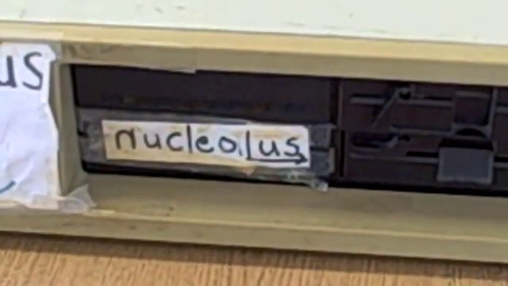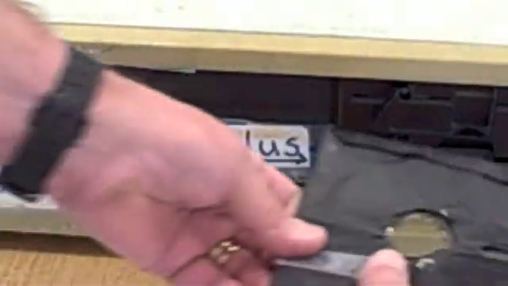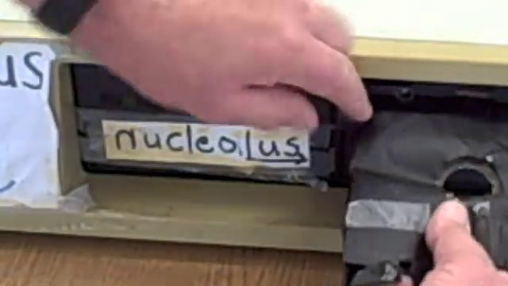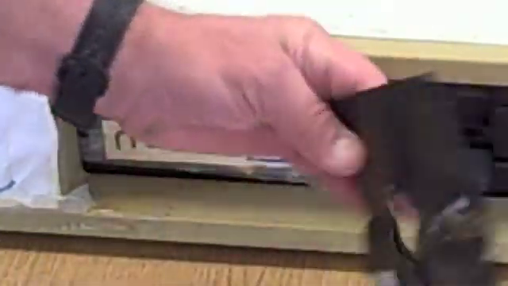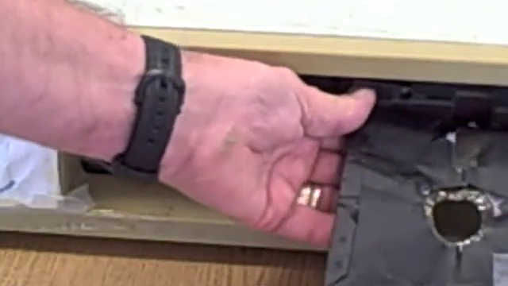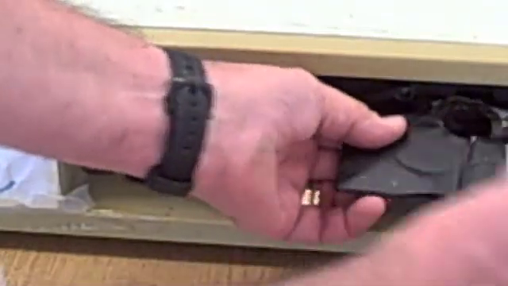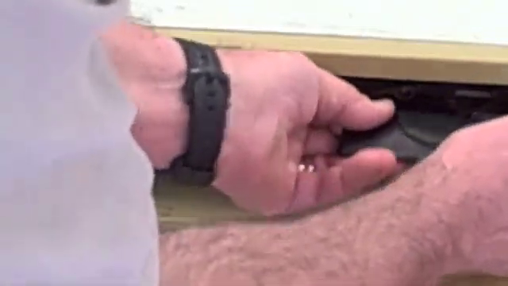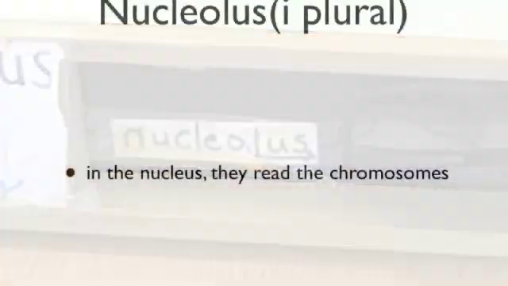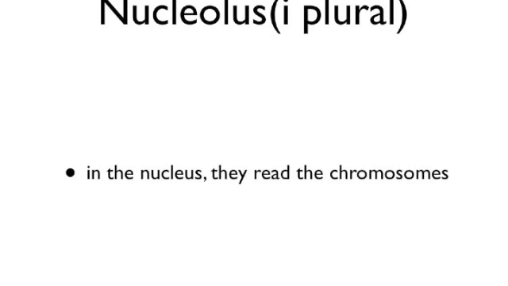The purpose of the drives is to be able to read those chromosomes, or the discs. So we can take a piece of chromosome material, stick it inside the nucleus, and it's read inside the nucleolus of the cell. The dark regions are the nucleoli, which is plural. Nucleolus is one. And so the nucleoli have the purpose of reading the discs.